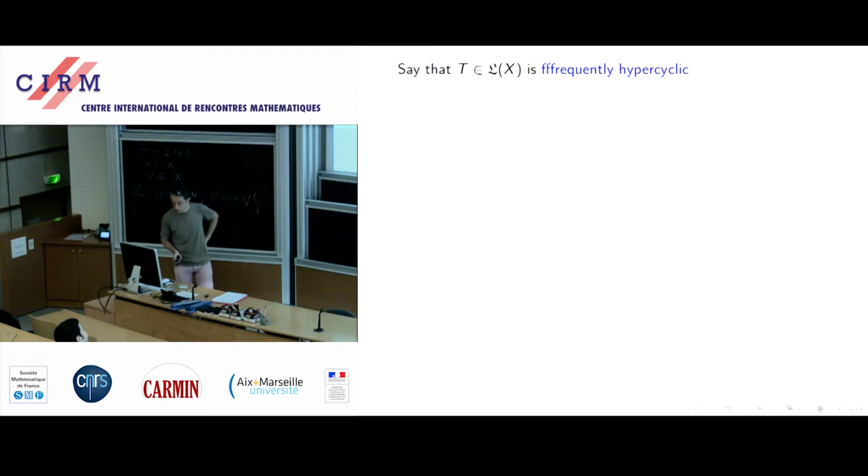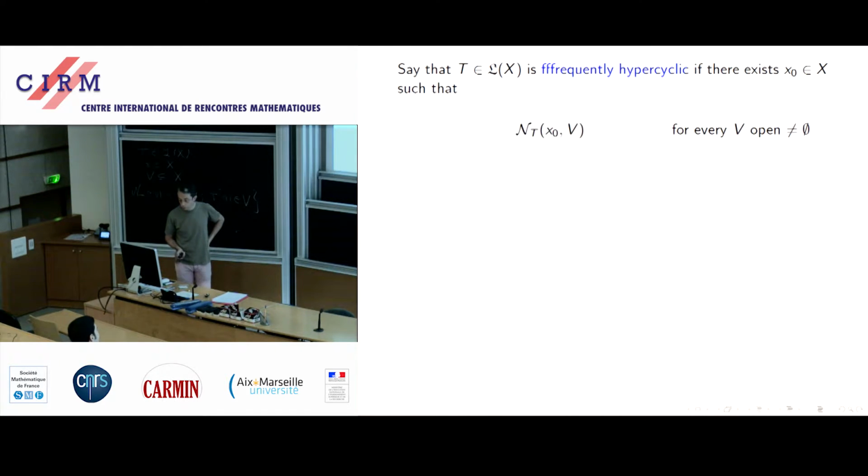If there is a point x in the space such that, in the same way, you take any open set V and you look at this set N_T(x, V), and then you translate by some integer r, and you take the union for r from 0 to some other integer n, and you look at the lower density, and you take the limit as n goes to infinity, and this should be 1 this time.